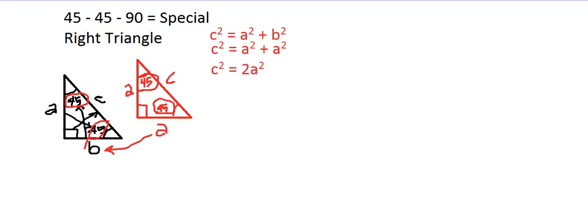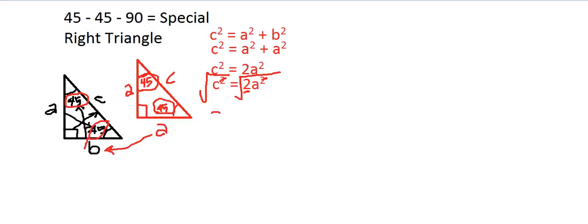Now for us to find c, we have c squared is equal to 2a squared. So we will take the square root of each side: the square root of c squared, then the square root of 2a squared. So this will be cancelled, but of course your 2 should still remain inside the square root symbol.